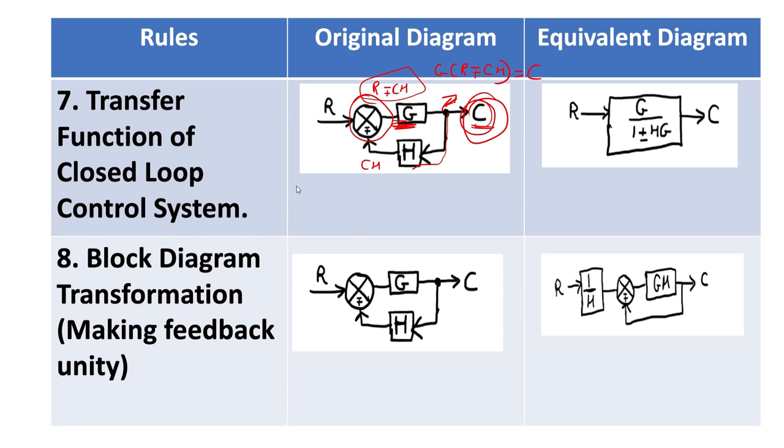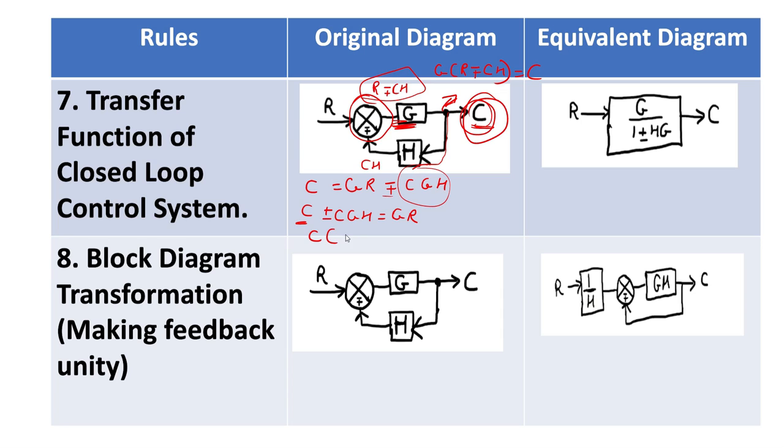So we can rewrite this equation as C is equal to GR minus plus CGH, and then we will move this term to the left side and the sign will change. So C plus minus CGH is equal to GR, and then you take common C here.